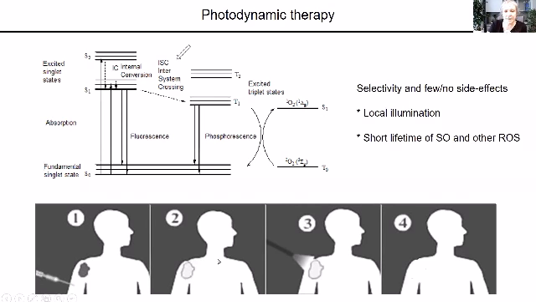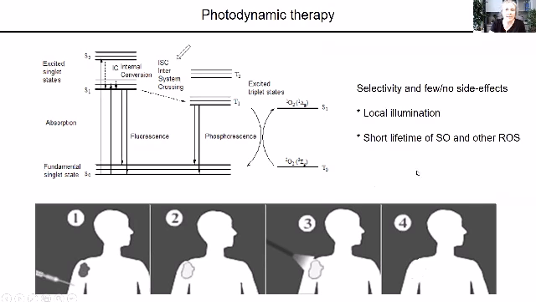So this is what is represented here. You inject the photosensitizer. This is the tumor. You wait to have an appropriate accumulation at the site of action, and then you illuminate only at the site here. You are not going to do it everywhere, and then you have a disappearance, in this case, of the tumor. So this is the first selectivity that we have.